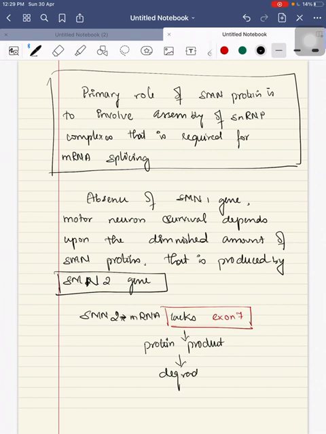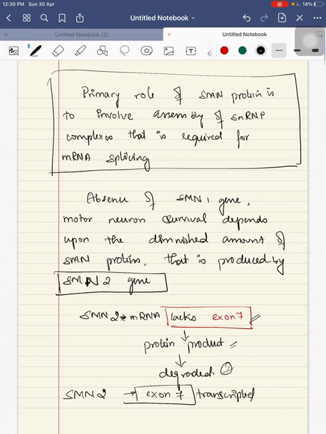It lacks exon 7 and produces a protein product that is degraded. Okay. Exon 7 is included only in the minority of transcripts, and that will produce the functional protein. When exon 7 is lacking, the protein produced will be degraded.